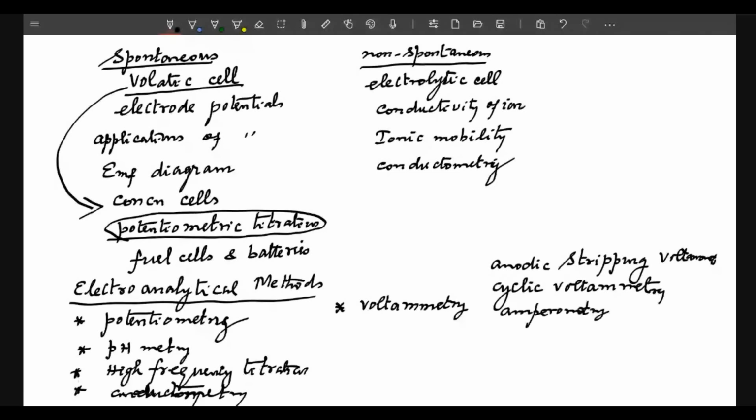This you have to study under this one. The next application is chronopotentiometry.